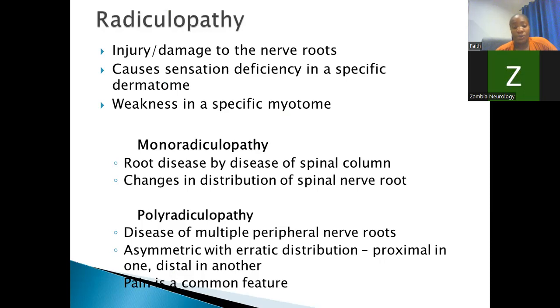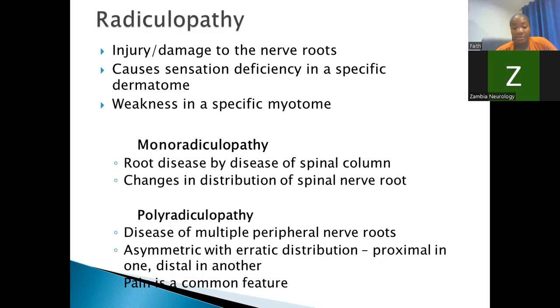And when weakness also occurs, it's in a specific myotome. And a radiculopathy can be either a monoradiculopathy, where root disease occurs by disease of the spinal column, with changes in the distribution of a specific spinal nerve root. And then you can also have a polyradiculopathy, where there's disease of multiple peripheral nerve roots.